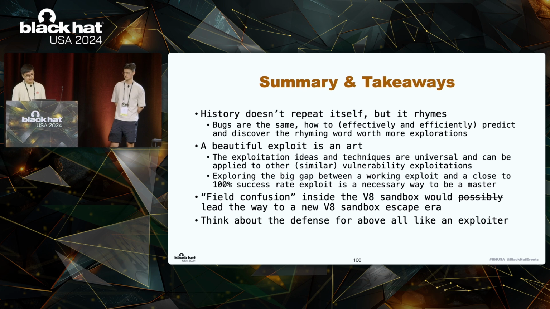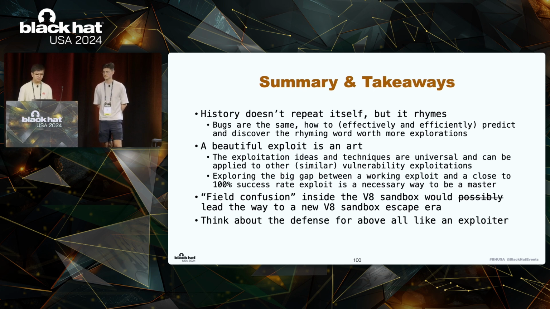Second, the exploitation ideas and techniques used in our V8 exploit chain are universal and can be used in other similar vulnerability exploitations. And also, if you want to make your exploit an art, one of the best ways is to explore and fill the big gap between a working exploit and a close to 100% successful exploit.